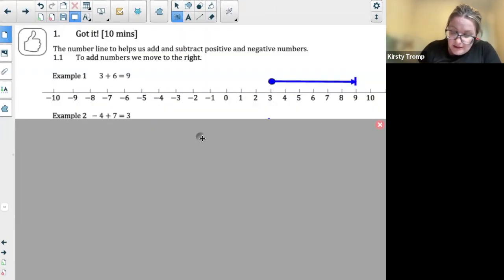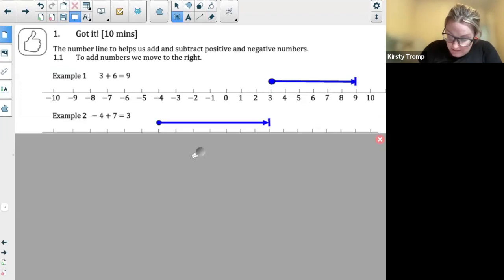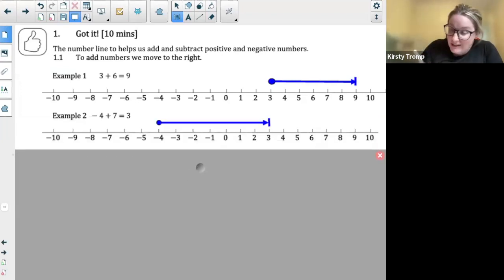Right. The difference came in then when we started with our negative numbers last year. So we had -4, okay? -4 plus 7 gives you 3. So when we do that on a number line, we drew our dot on the -4. So there he was over there, -4. And then we do our jumpers.